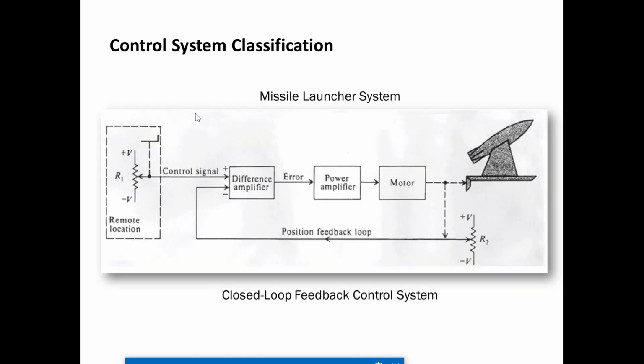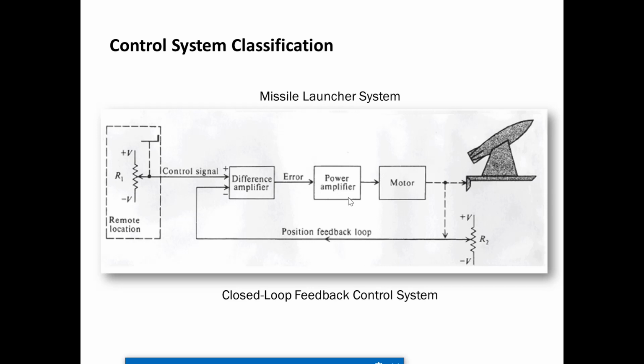Then the second example, of a closed loop feedback control system, here we are going to give the feedback signal, as I have already said. The same missile launcher system, the remote location is here. The control signal we are going to send to a differential amplifier. This will identify the errors in the previous signal, and again that error we are going to give to a power amplifier.